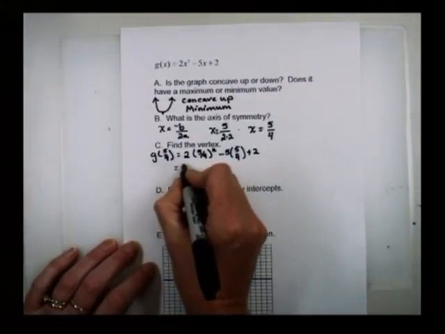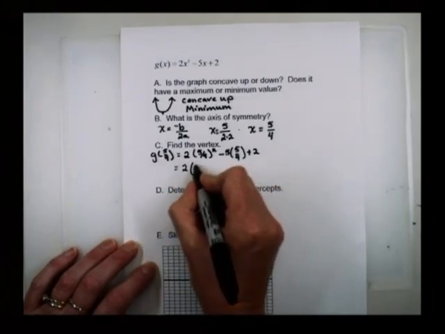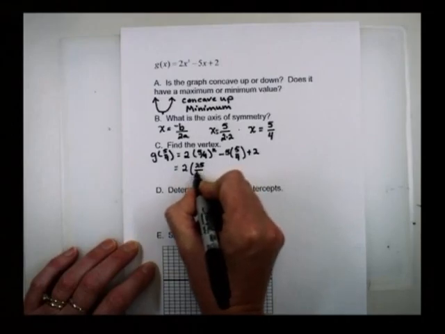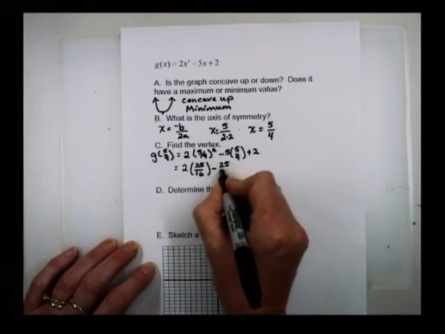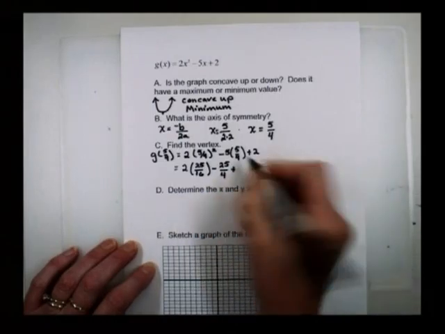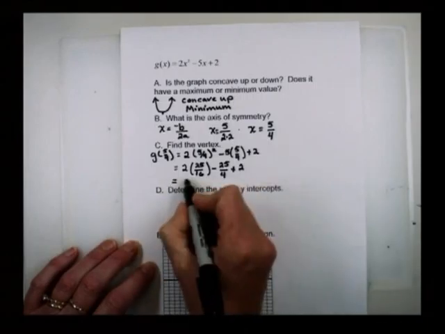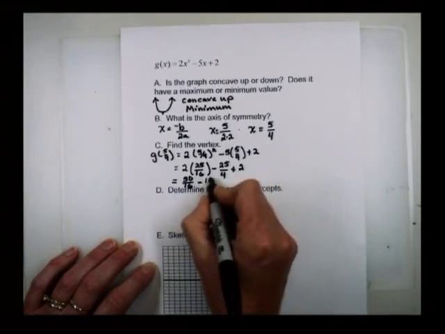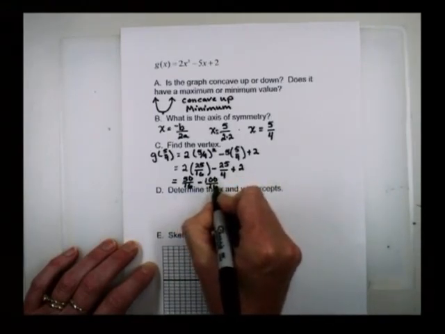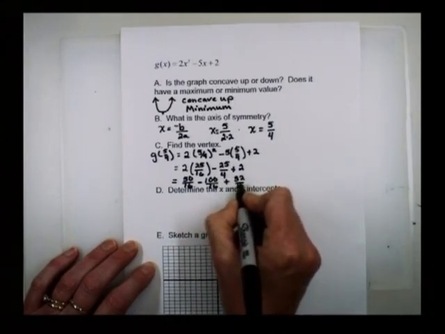We get 2 times 25 sixteenths minus 25 fourths plus 2. So finding that common denominator, we've got 50 sixteenths minus 100 sixteenths plus 32 sixteenths.